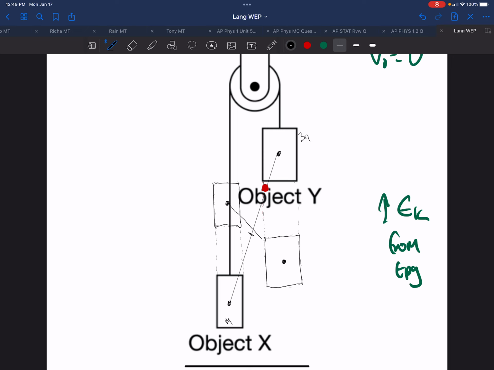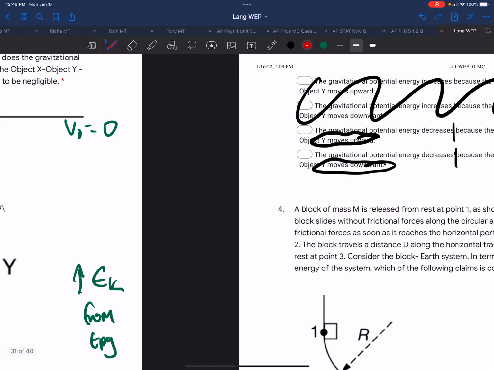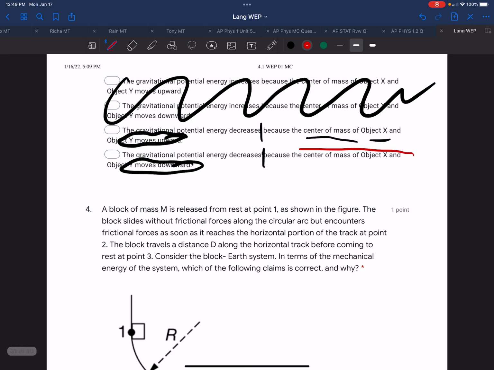If we connect the two of those, the midpoint would be here, and the center of mass would be there. So what we can see is the center of mass will have moved downward. Intuitively, it makes sense that the system itself is falling toward the Earth, even though there's this pulley mitigating things. So that's why it is this choice: the center of mass is moving downward.